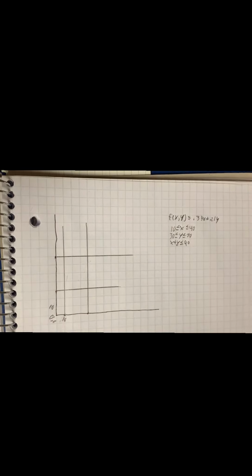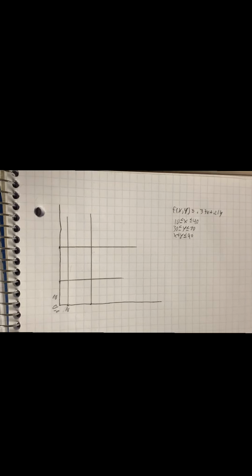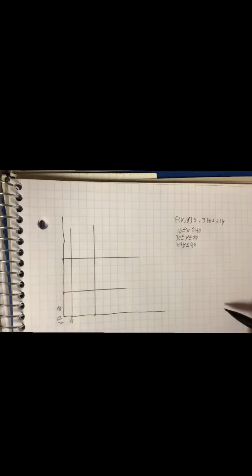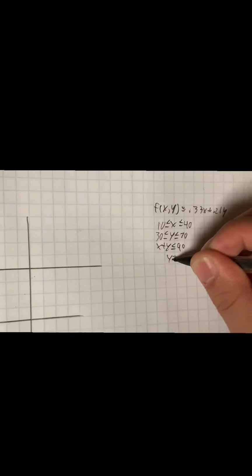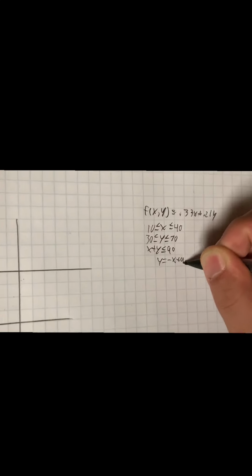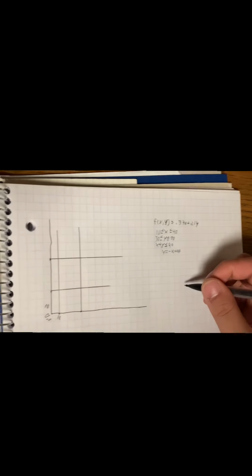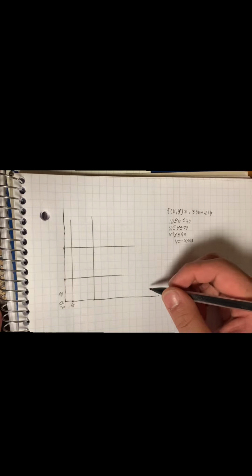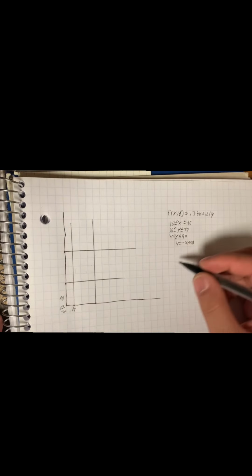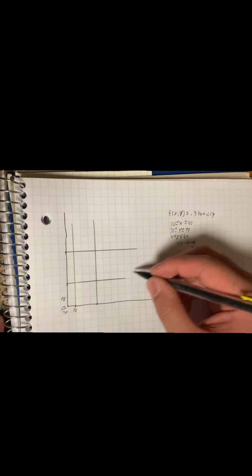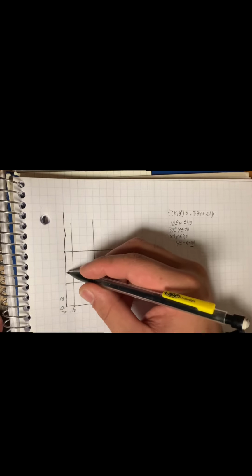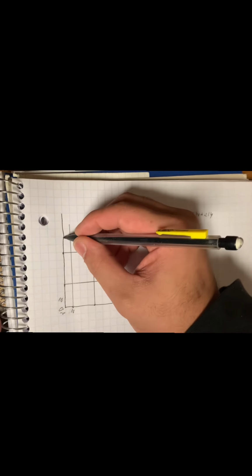To graph our final equation, we need to graph x plus y is less than or equal to 90. So we can rewrite our equation by saying y equals negative x plus 90, and now we can graph it with the slope-intercept form. Our y-intercept is 90.